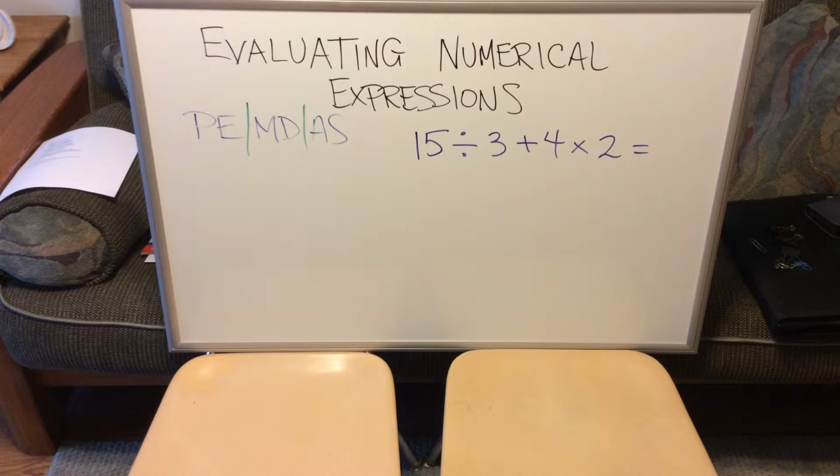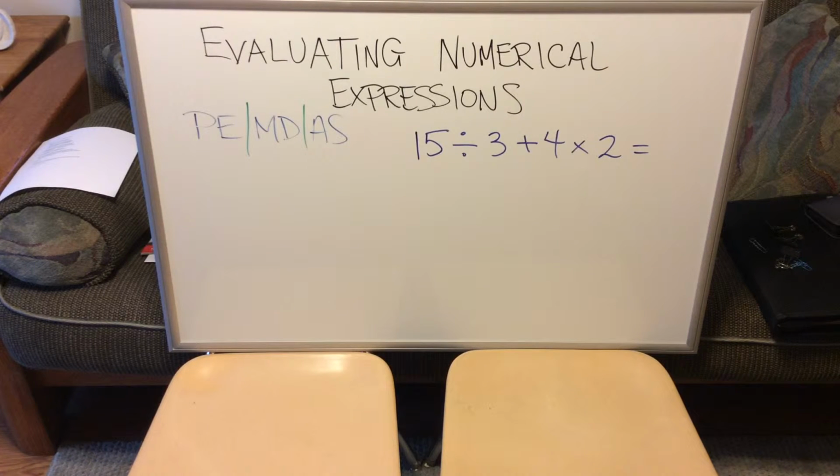Now, a common mistake that students make in this kind of situation is they look at the letter M and they see that it comes before the letter D in our memory device. And so they conclude that because M comes first and D comes second, that you would always do multiplication first and then division second.